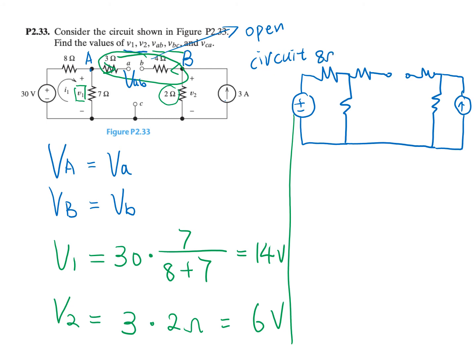This is 8 ohm, 3 ohm, 4 ohm, 2 ohm, 7 ohm, 30 volt, and 3 amp. And the most convenient way to find the voltage drop VAB is to use KVL.